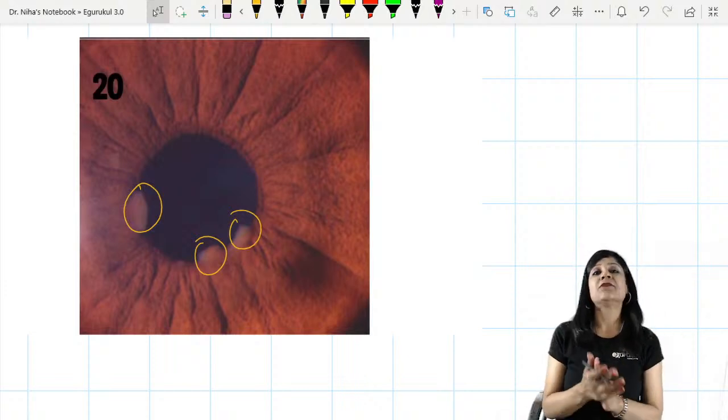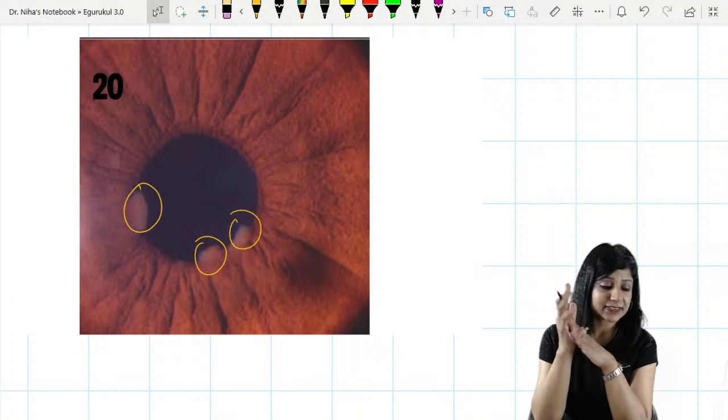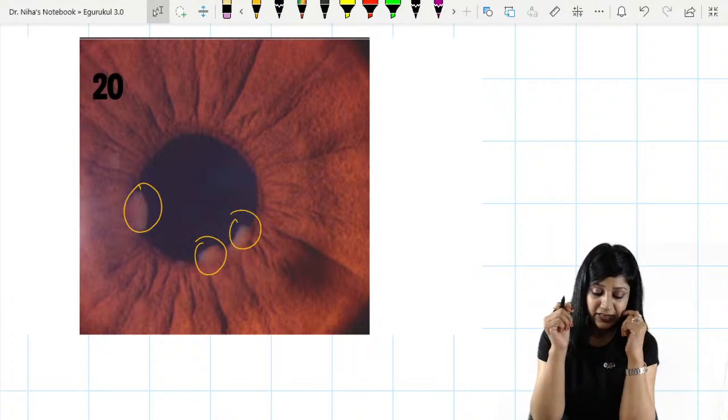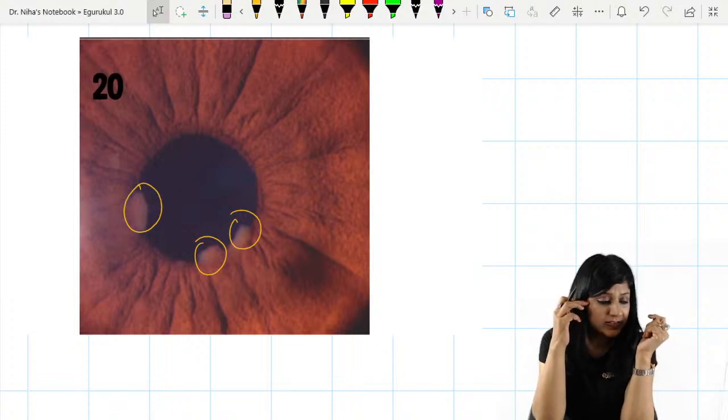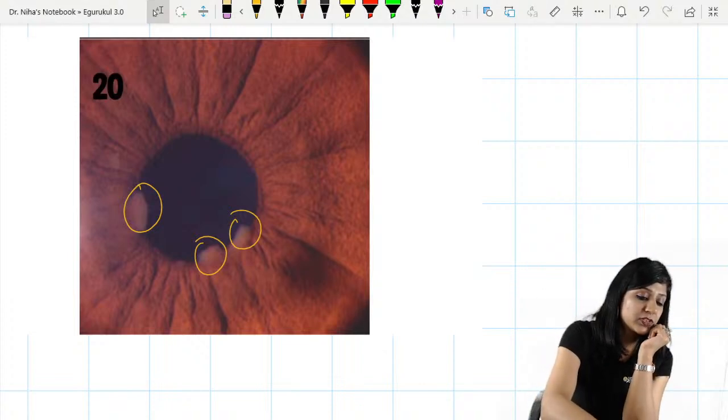So missing line was your optic nerve disease, that's clear. Now what is this that you are getting on this pupillary margin? So you have to mention this. Anybody who can mention this?